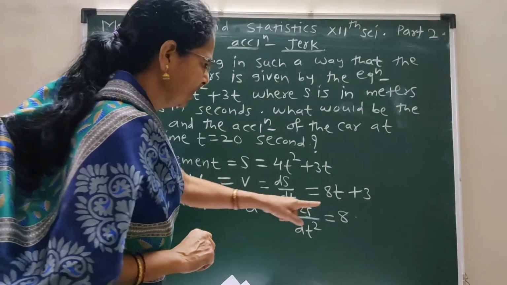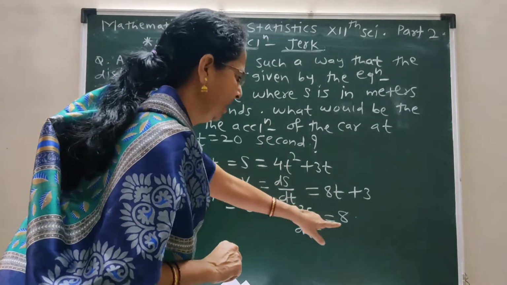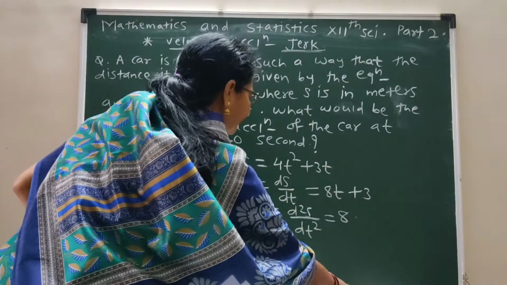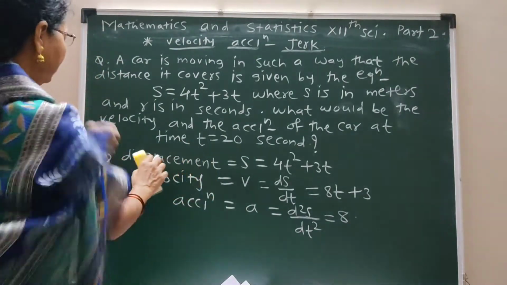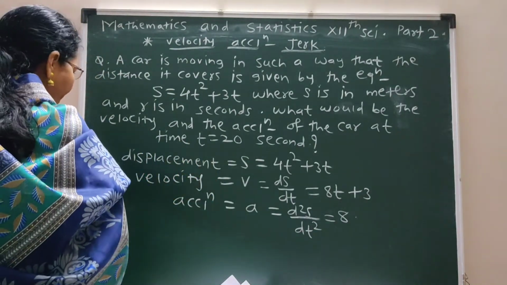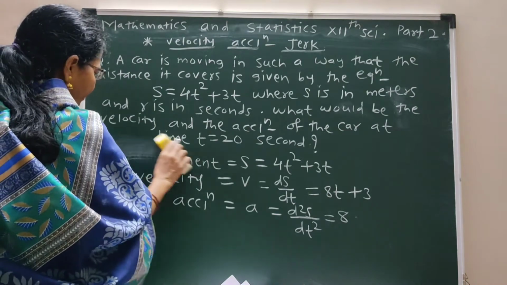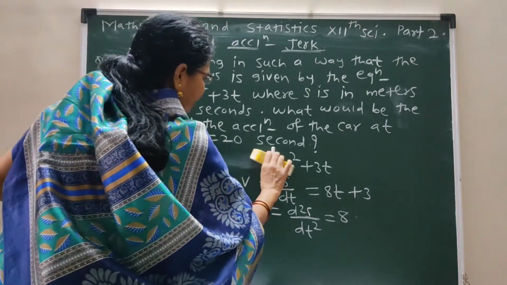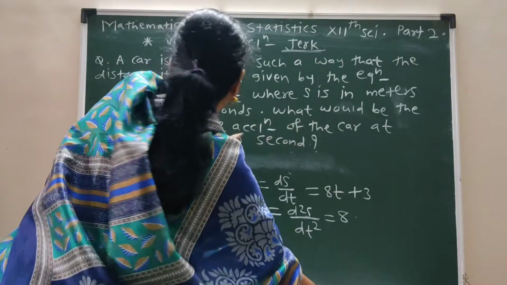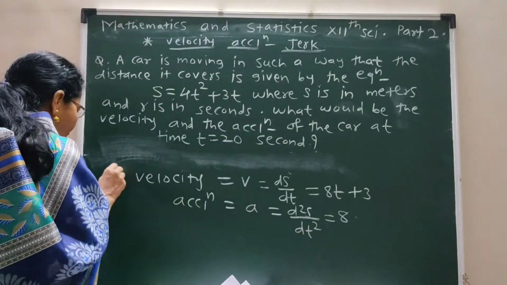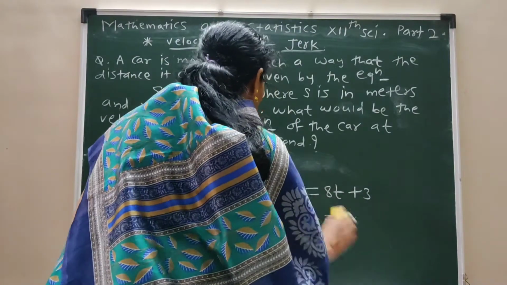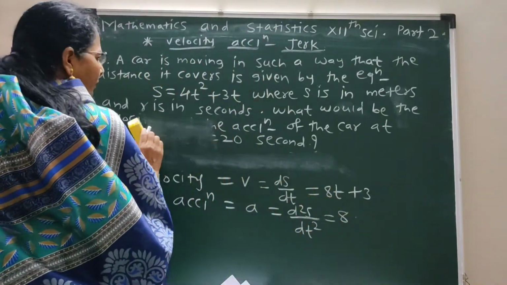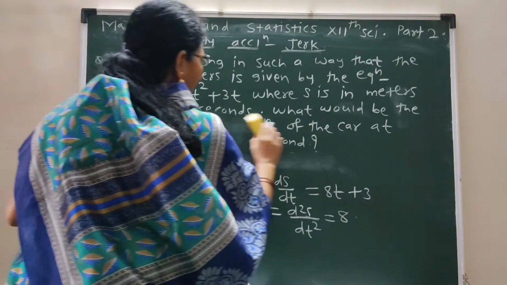This is acceleration: derivative of 8t is 8, derivative of 3 is 0. Next step, we have to find velocity and acceleration.